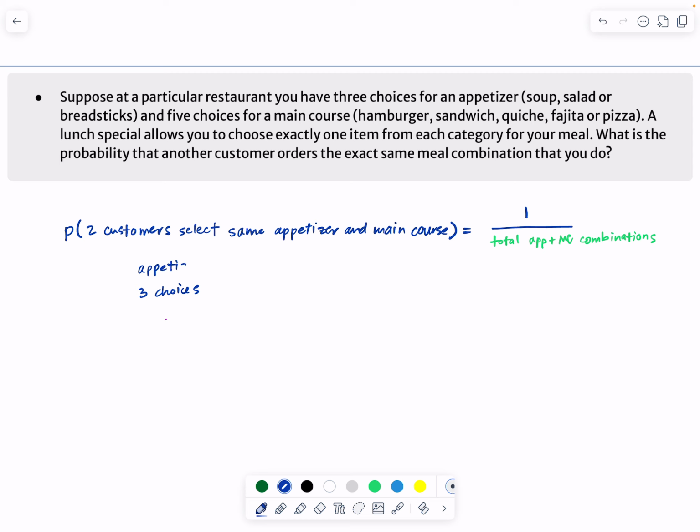And there are five choices for main courses. And we're going to order one of each. We're going to get an appetizer and a main course.